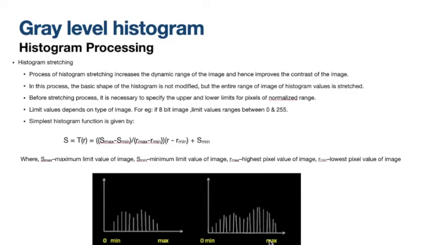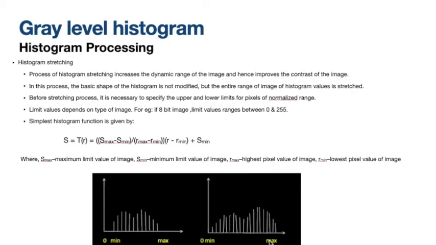Okay, and then you perform a simple function, that is S equal to T of R equal to (S max minus S min) divided by (R max minus R min), whole into (R minus R min), plus S min.